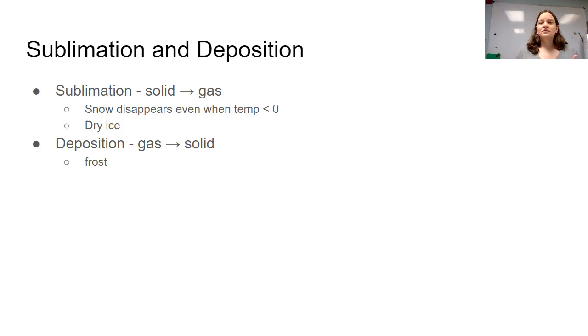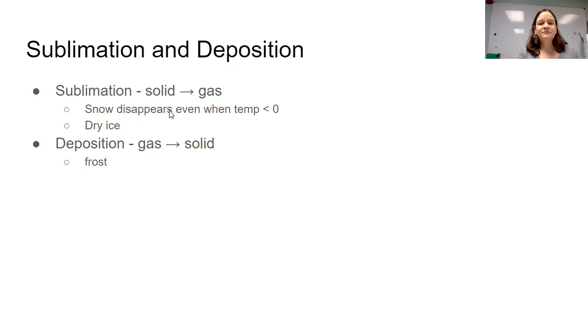But you can have a snowfall and then the temperatures can still be below freezing, less than 0 Celsius, below 32 degrees Fahrenheit. And the snow can still disappear, even though it's below freezing outside. So you would think it would stay in that solid phase, but it can start to sublimate, or sublime.